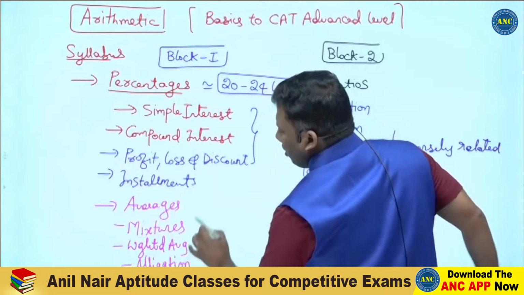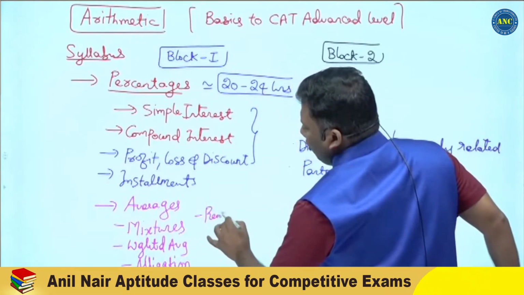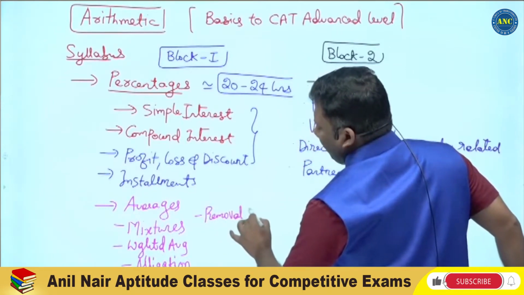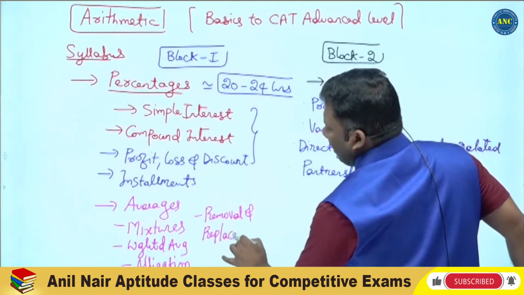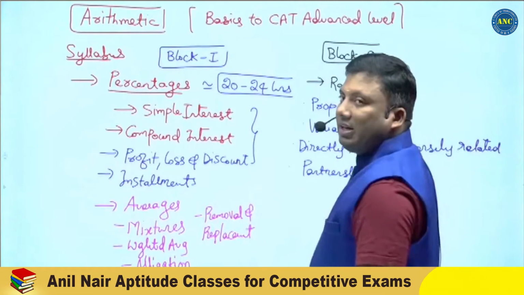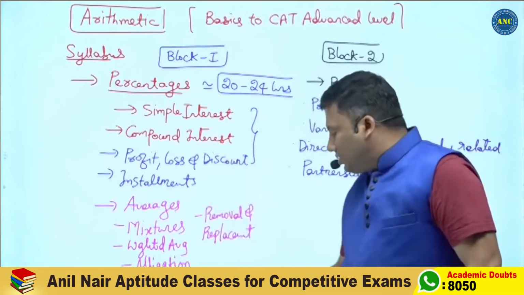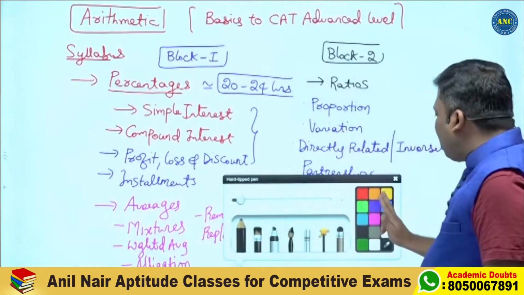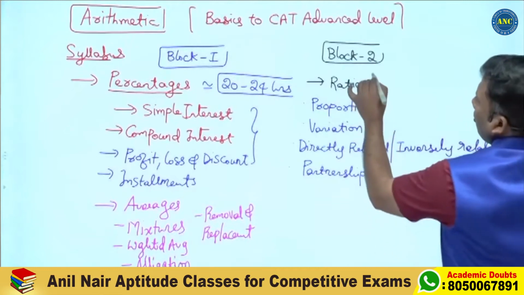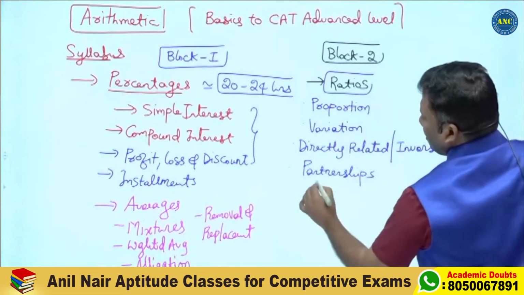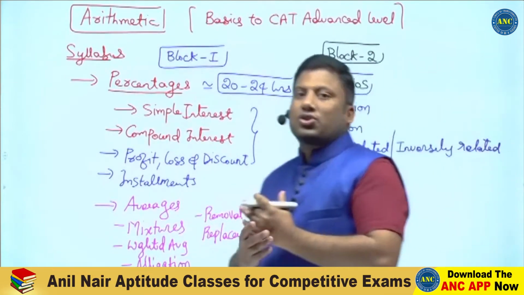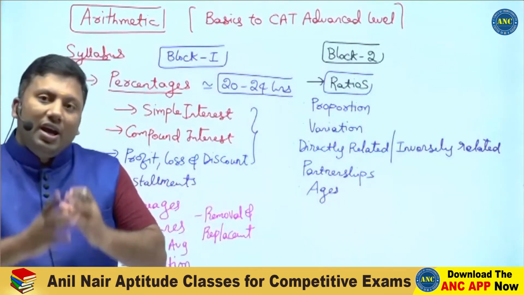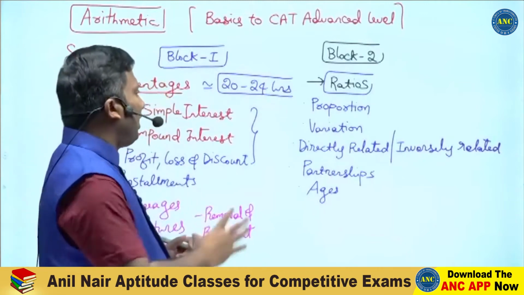Then we will also solve questions based on removal and replacement. Weighted average related questions can be done effectively by using averages. We forgot another important application of ratios: ages. Ages also we will solve here. Most of the ages questions can be solved orally if you have a very good understanding of ratios.